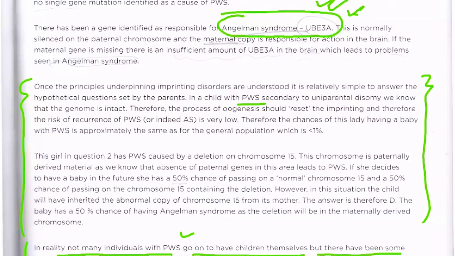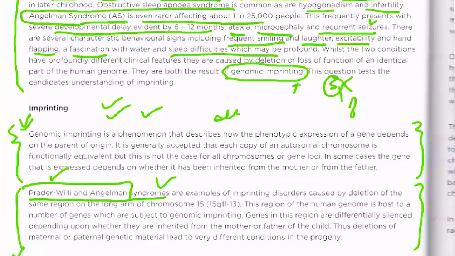Basically, the need is not to know whether they are having a baby or not. The problem is, if the baby has Prader-Willi syndrome, what is the chance of recurrence? In your SOP book, they also have told about the recurrence risk for Angelman syndrome. We will also read that. The same explanation they have told here, which I have told you. Nothing more than that.